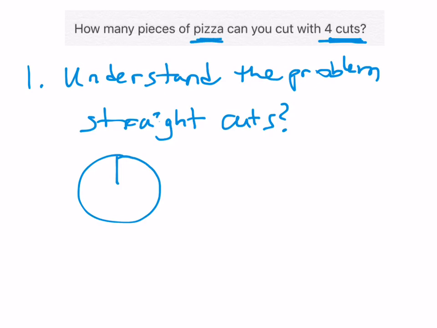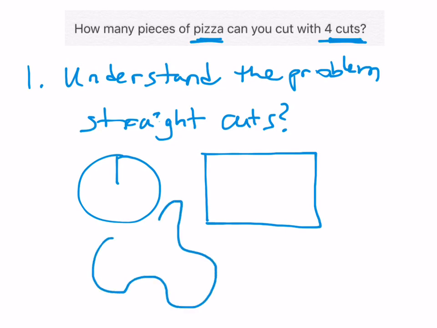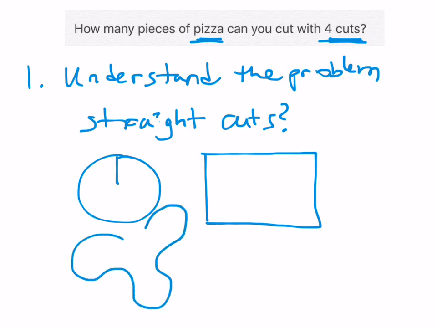What about the pizza? Is the pizza a round pizza? Is it one of those big sheet ones that's rectangular? Can we, for the sake of this problem, think of the pizza as some sort of a weird shape, and then tackle the problem that way?